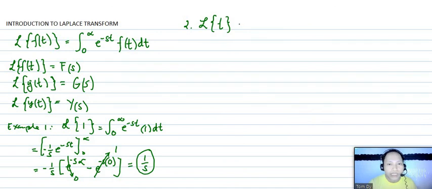When we find the Laplace transform of t, that is equivalent to our integral sign with limits from 0 to infinity, e negative st, times of course our function which is t, dt.